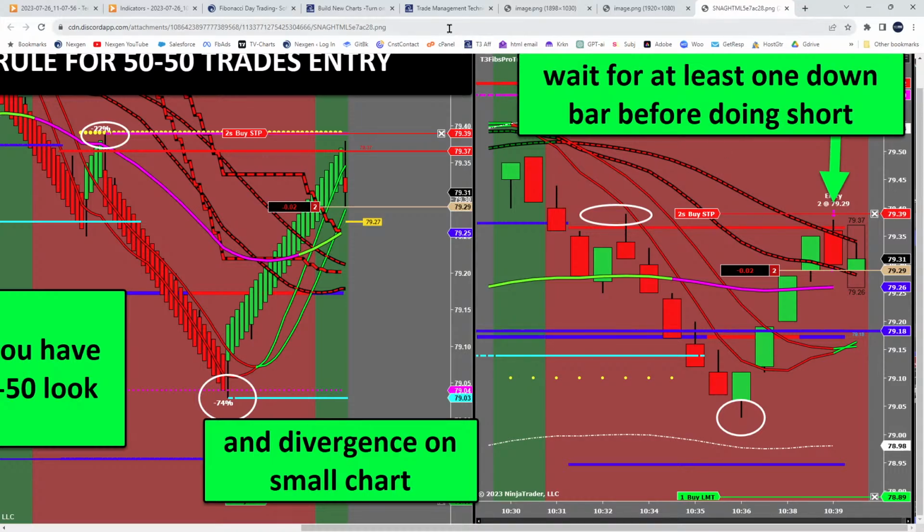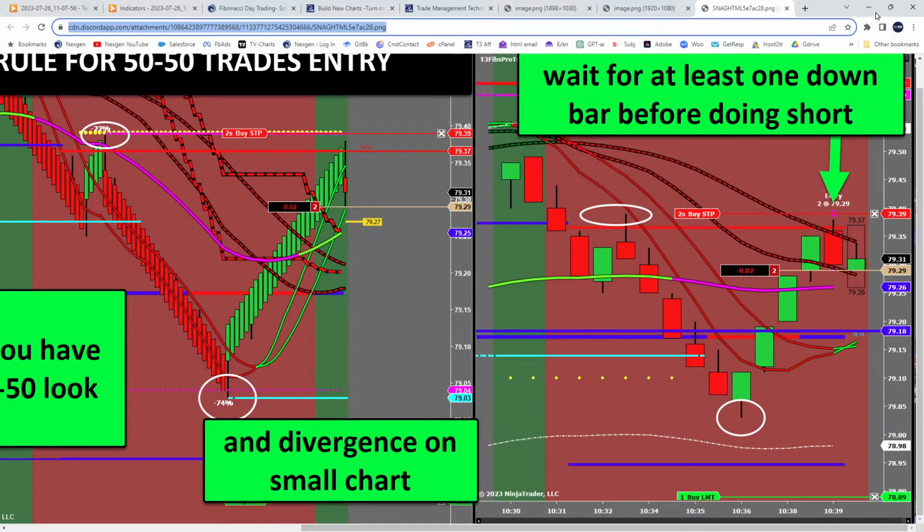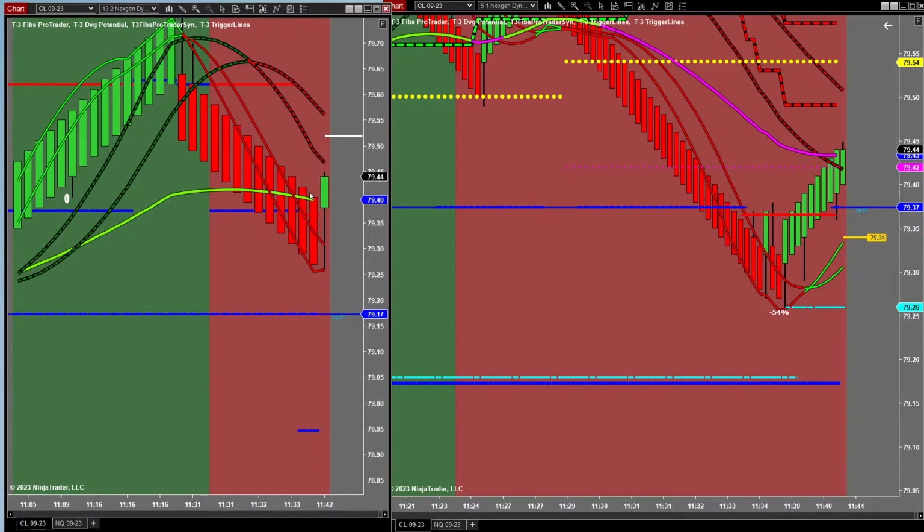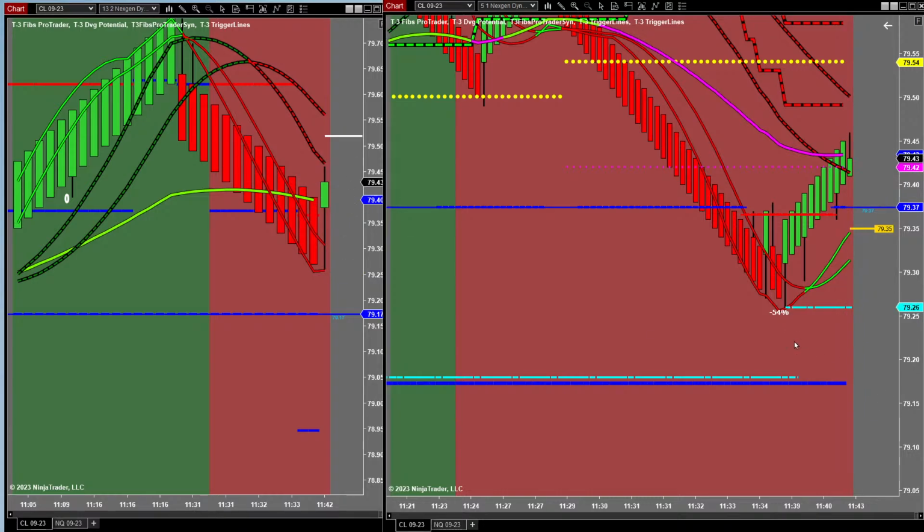Everybody cool with this? So look, this is a perfect example of 50-50. It might go down, it might not go down. I don't know what it's going to do, but I know it's 50-50, and I know I have divergence.